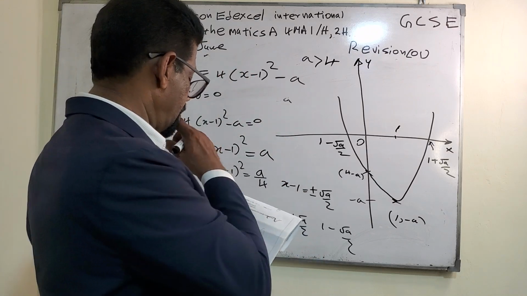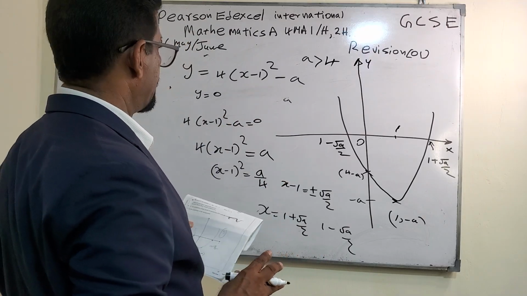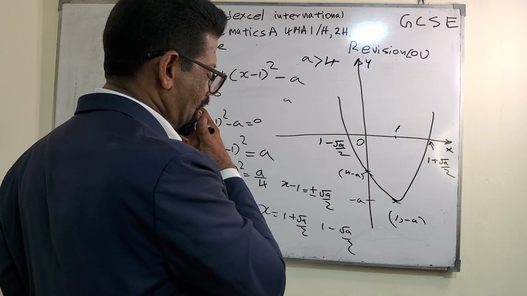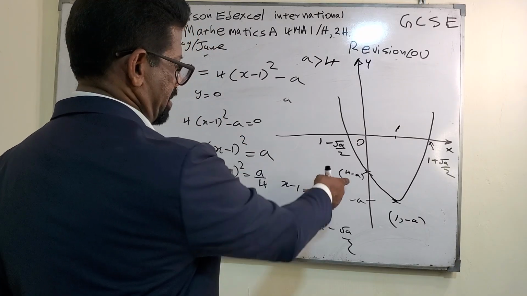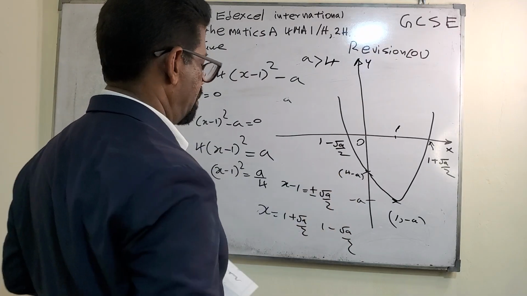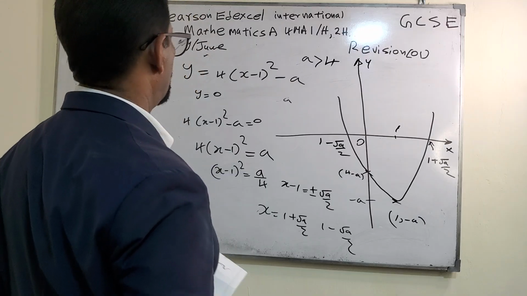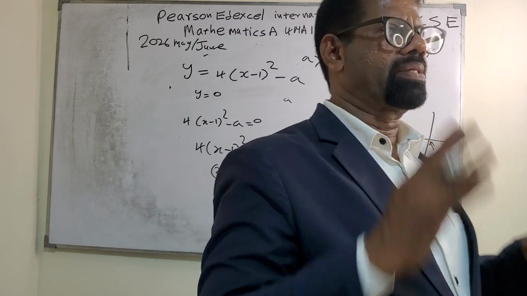He gave y equals 4(x minus 1) squared minus a, with a greater than 4. A value greater than 4 means the y intercept 4 minus a should become negative. First you decide whether the graph is minimum or maximum.